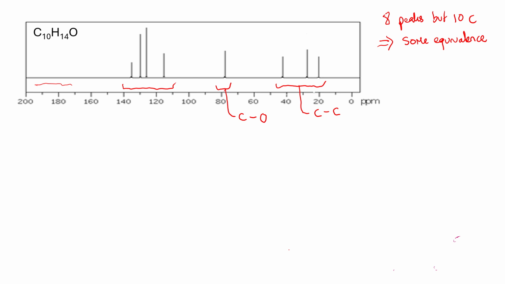Although the fact that there are 4 of them suggests that we've got a big chunk of the molecule in this kind of environment, and at least at A level, that should give you a hint that it's most likely to be a benzene ring, although we can't be absolutely certain of that.